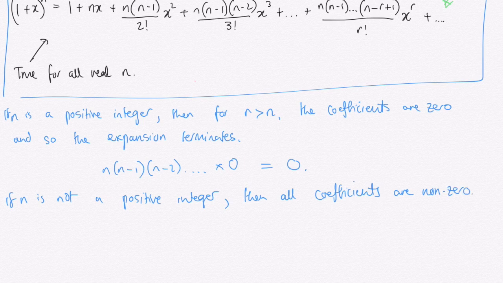And to see that, realise what you're doing is you're doing n minus 1, then n minus 2, then n minus 3, then n minus 4, etc. So you're always subtracting an integer from n. So if n is not an integer, none of these factors are ever going to be 0. So all of these coefficients are going to be non-zero. So that means when n is not a positive integer, this expansion is an infinite expansion.